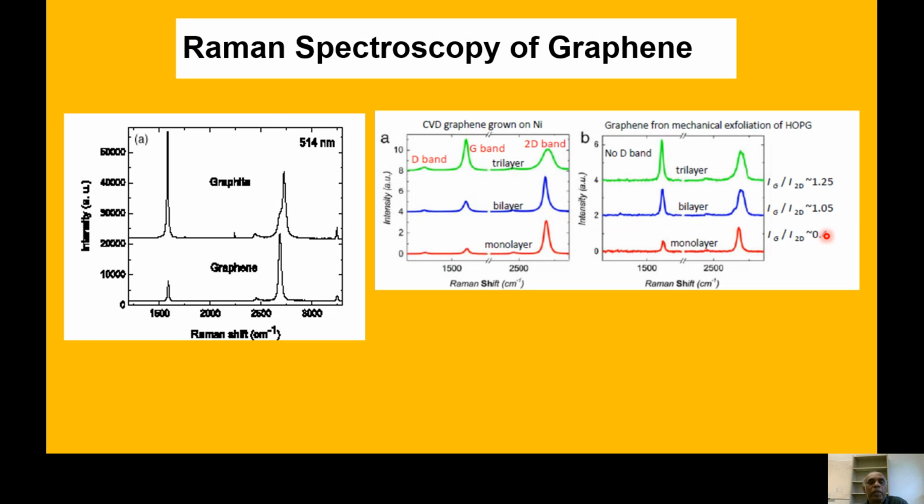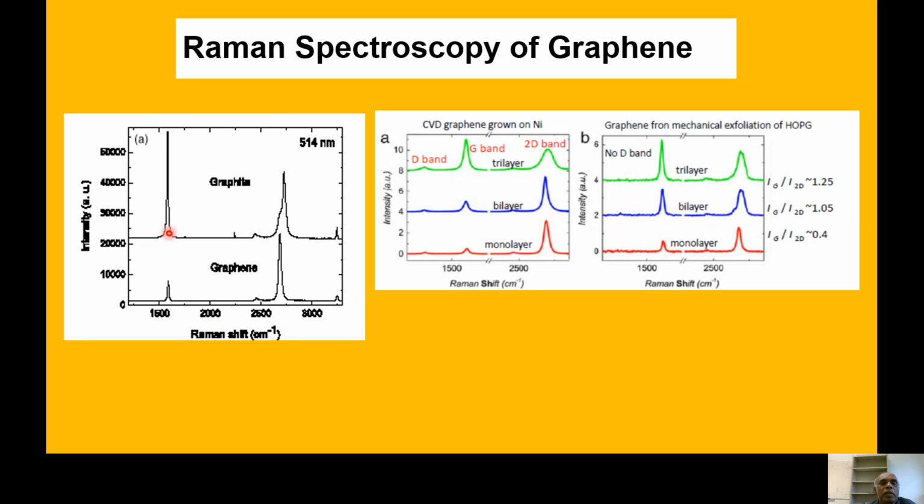If you look at typical graphite, it has a very strong G band, happening around maybe 1580 centimeter inverse.